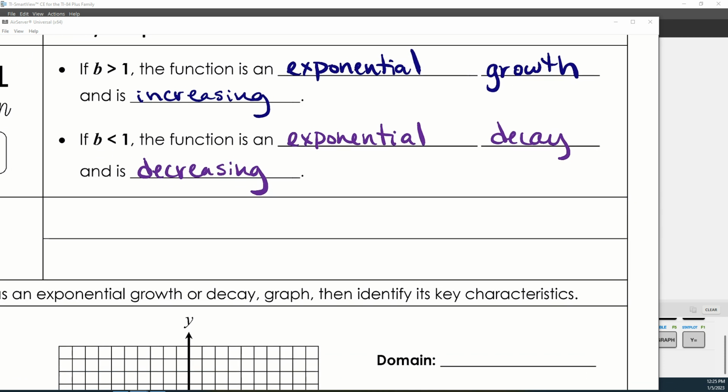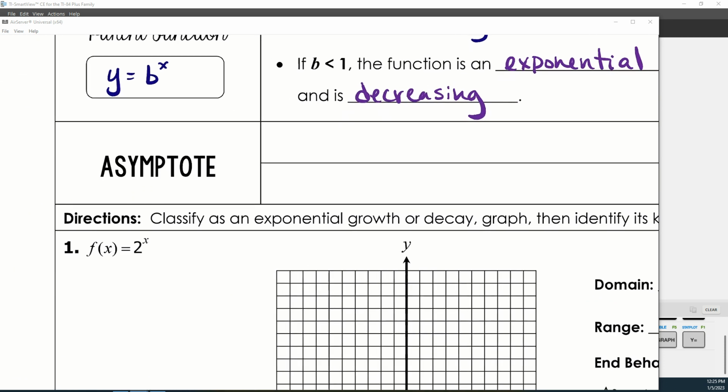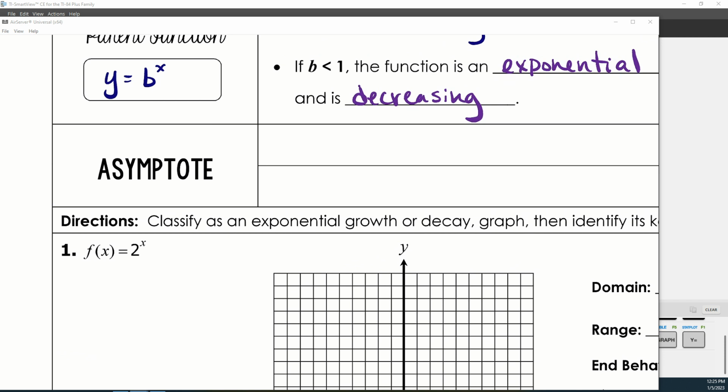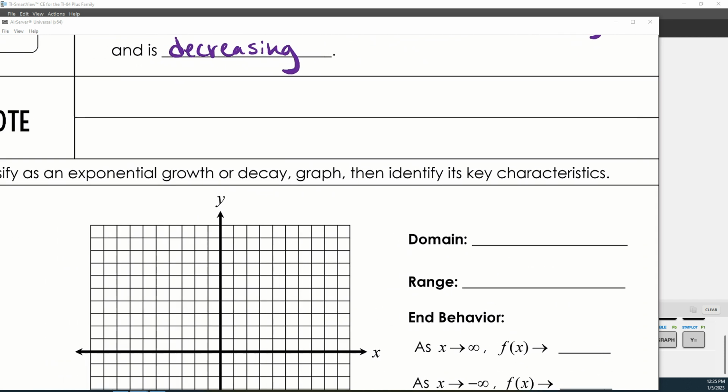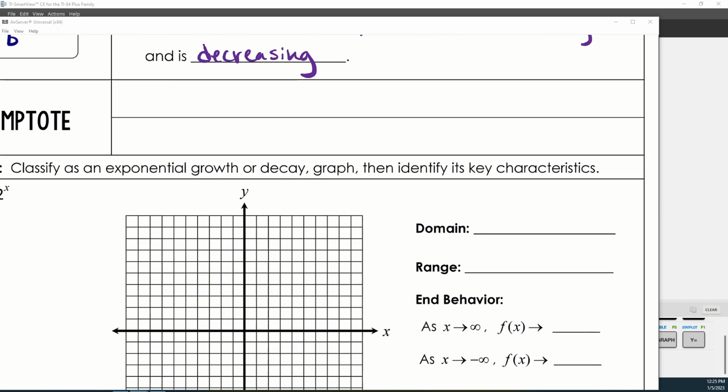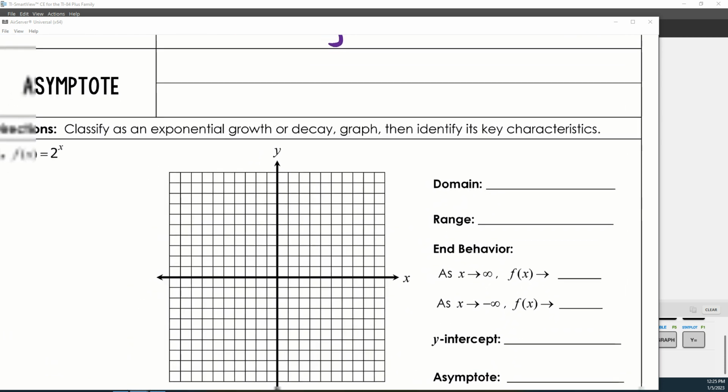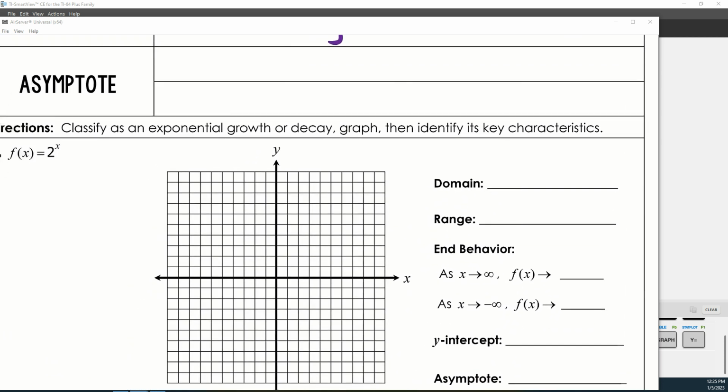Right? All of these exponential functions have an asymptote. They technically have a horizontal asymptote. I don't think that's a word that you guys have learned before, but I could be wrong. But an asymptote, in this case, is going to be a horizontal line.